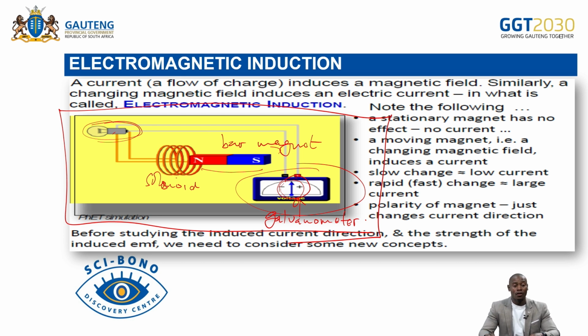A question: a straight current-carrying conductor and the solenoid are the opposite of each other when it comes to direction. Yes, that is true. As much as we are using the right hand, for a straight conductor the thumb is in the direction of current and the curled fingers are in the direction of the magnetic field.